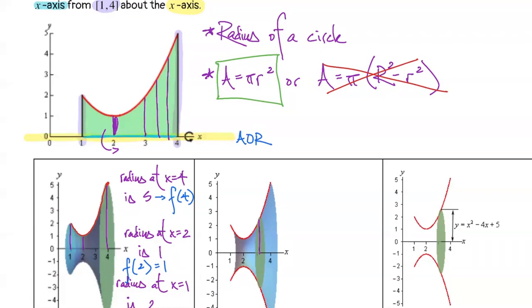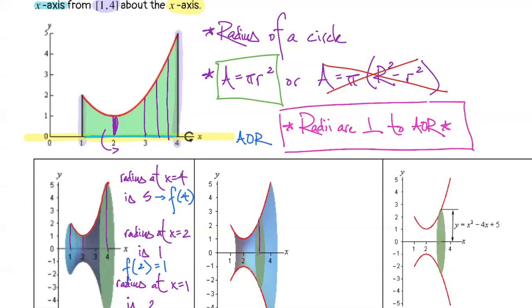Okay, so we're going to leave that right here as a note for ourselves, which is radii are perpendicular to the axis of revolution. But I don't want to generalize that yet. I want to do a few more examples and make sure that that's true before we say this is true for everything.